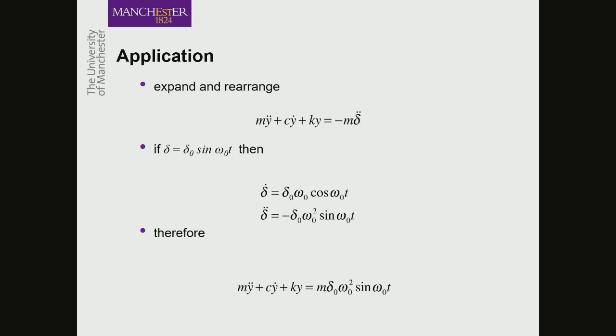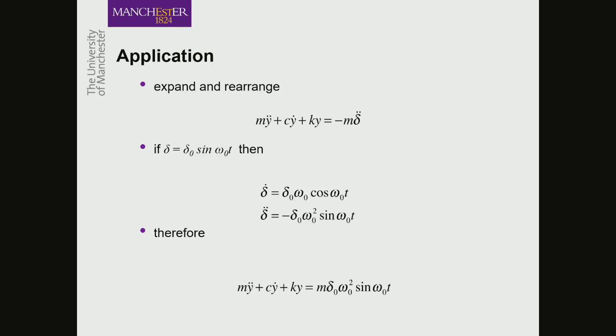Since we assume that the external applied displacement is periodic and we can represent it by sine waves, as we discussed before, you can also assume that the mass will be moving as a function of sine waves.